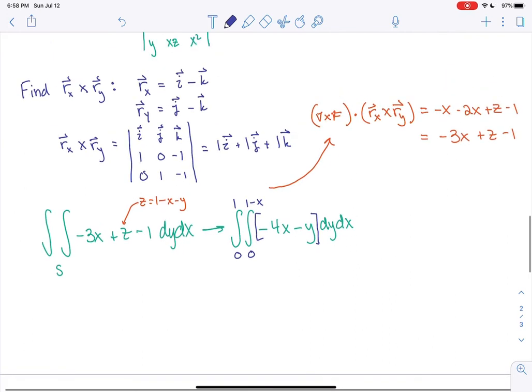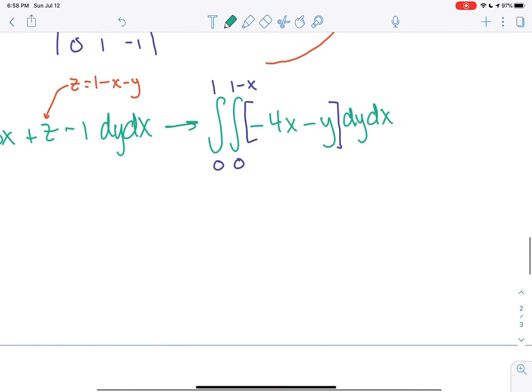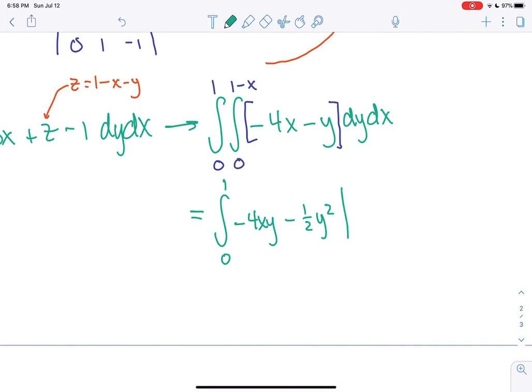Okay, fantastic. So let's just evaluate this integral now. So now that is equal to the integral from 0 to 1 of, with respect to y, we're going to get negative 4xy minus 1/2 y squared, evaluated from 0 to 1 minus x dx.